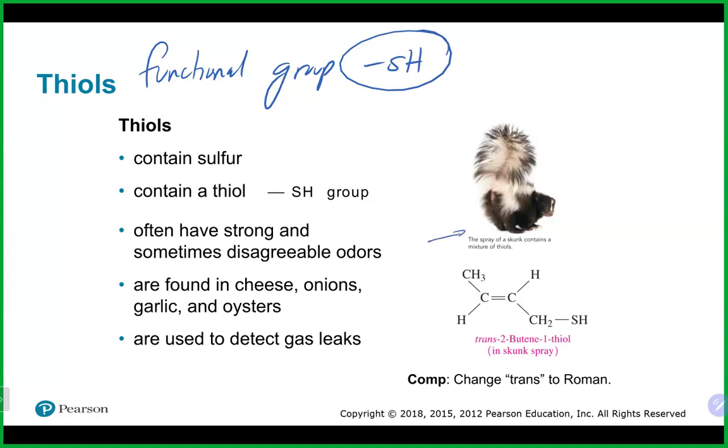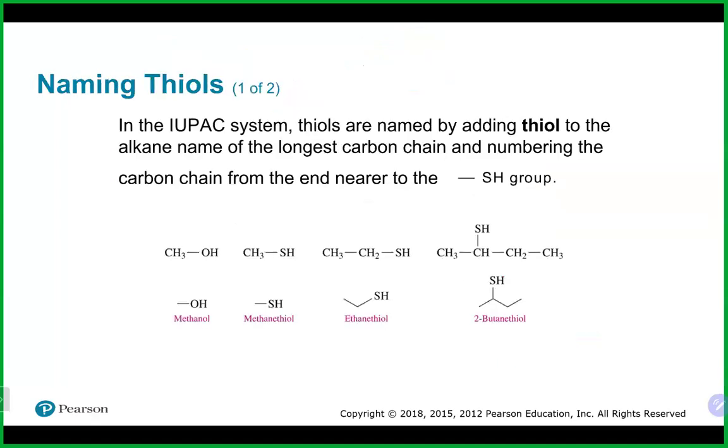Because it contains sulfur, it doesn't smell so good. Here is our thiol group. These are found in cheese, onions, garlic, oysters. They also put sulfur in gas so you can know it's leaking, so you can actually smell it. Usually, natural gas has no smell unless they put that in there.